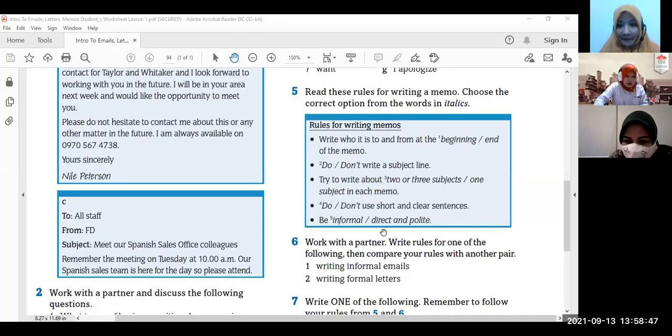Hello, Miss Yana and Miss Dwi. Which rules are you going to write, number 1 or number 2? Number 2, writing formal letters. So this is writing the rules only, not writing the letters.